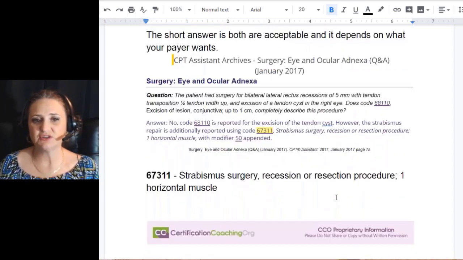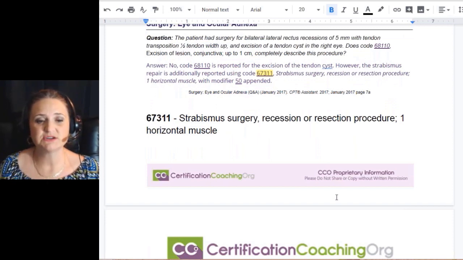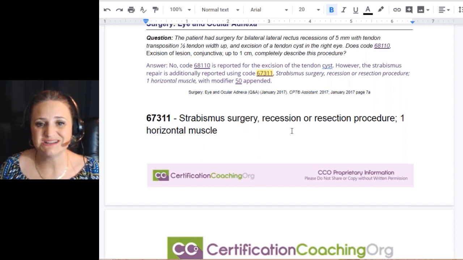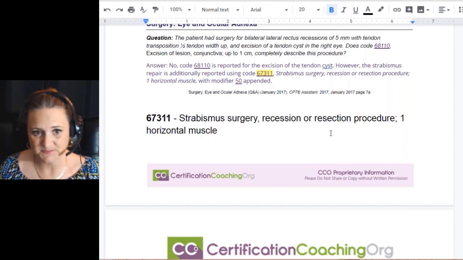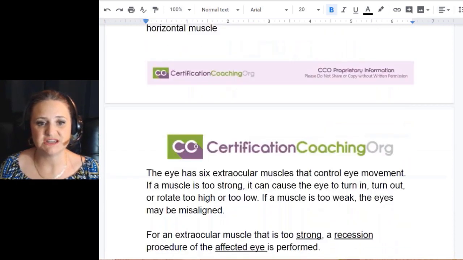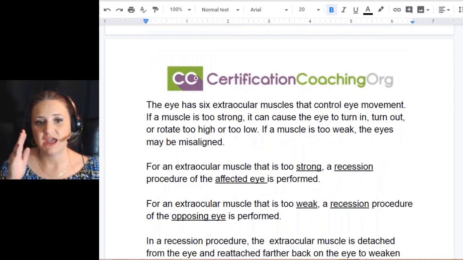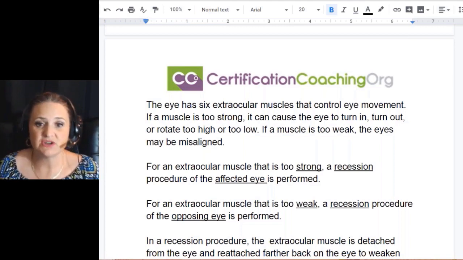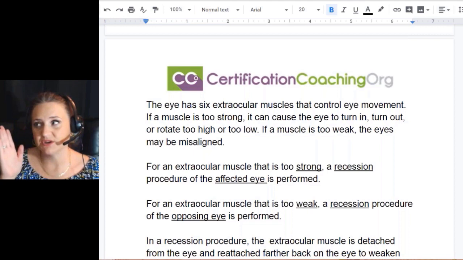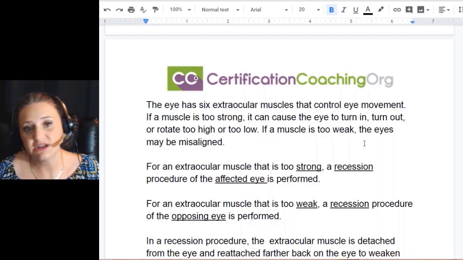Just to give you additional information for your knowledge base, I took the code 67311. This is strabismus surgery, a recession or resection procedure, one horizontal muscle. And I put a graphic in here so that you could see how they actually do that. The extraocular muscles control the eye movement. Sometimes a muscle is too long, sometimes too short, and so you get the eye turning in and out. They can usually recognize this in a child pretty early.